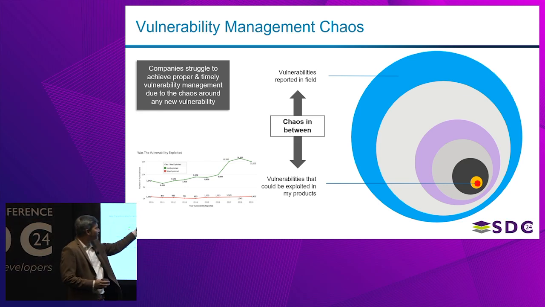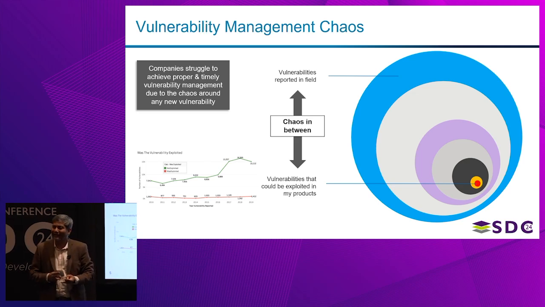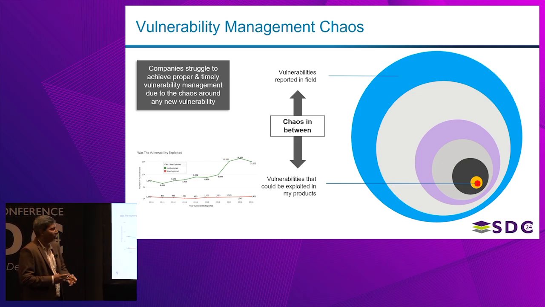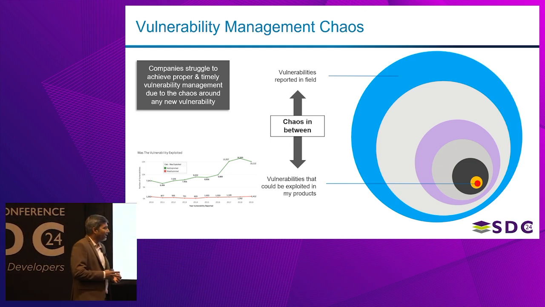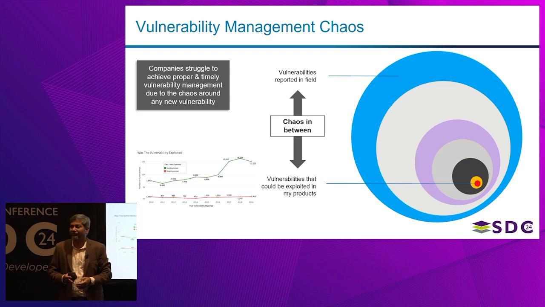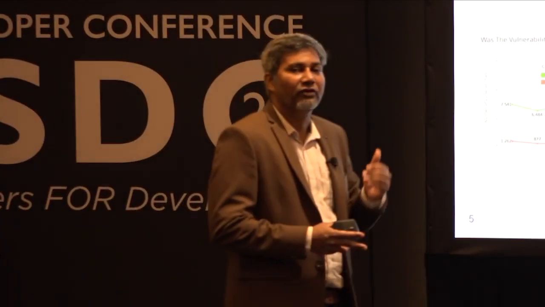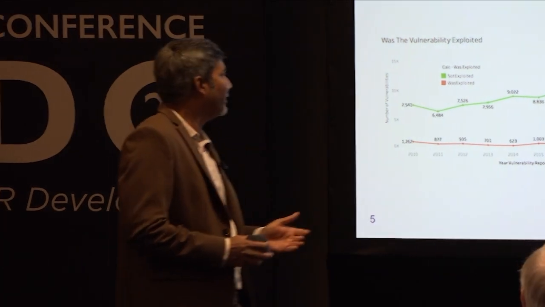When an organization puts all of these energies in the wrong place, it results in delays in fixing vulnerabilities, which means a lot of financial loss, in some cases IP loss as well, and then the trust factor. Because if a vulnerability goes out in the field, you are obviously losing the trust from the general audience in the company that you've taken years to build. So that's one important factor that we are trying to address.